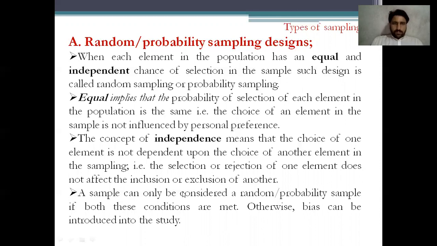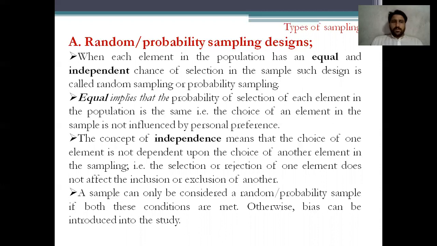Another important characteristic in random sampling is independence. That is, the choice of one element is not dependent upon the choice of another element in the sampling. The selection or rejection of one element does not affect the inclusion or exclusion of another element.